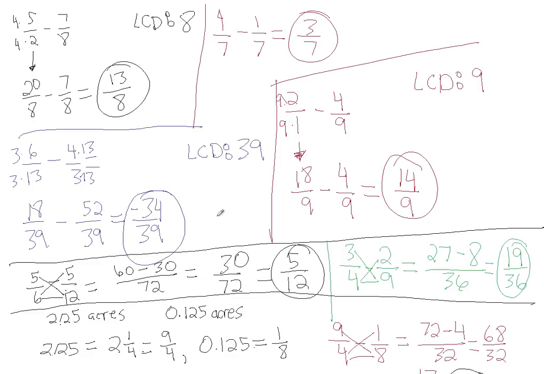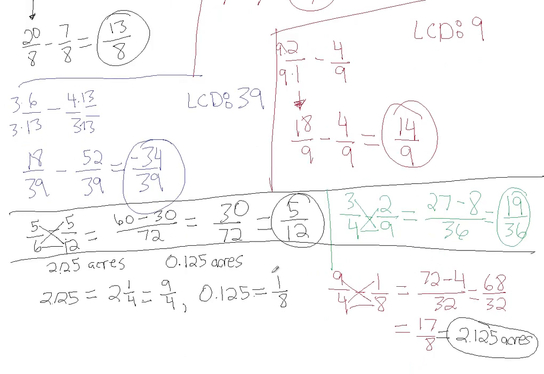And we can also use the cross product method to either actually use it as our primary method or to check. Again, you'll need to check with your instructor whether they would like you to do this or not. And then we looked at an application of actually what subtracting rational numbers can be used for.